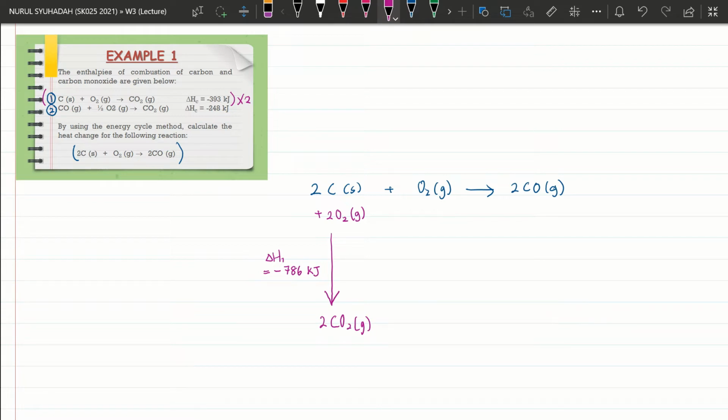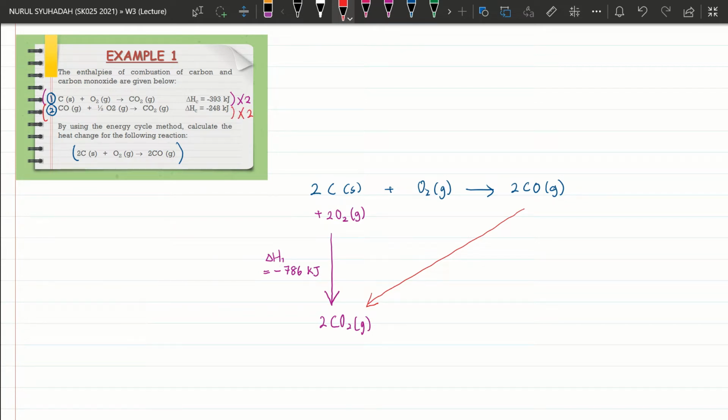The next one, we will do for the second equation, for CO. So 2CO plus half O2 to produce carbon dioxide. You can draw the arrow from CO up here towards carbon dioxide down here. Since it's 2 carbon dioxide, the whole of equation 2 we also multiply by 2.